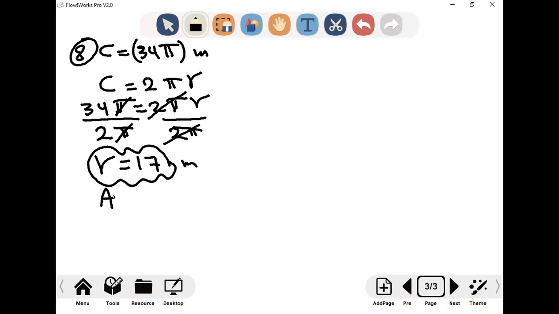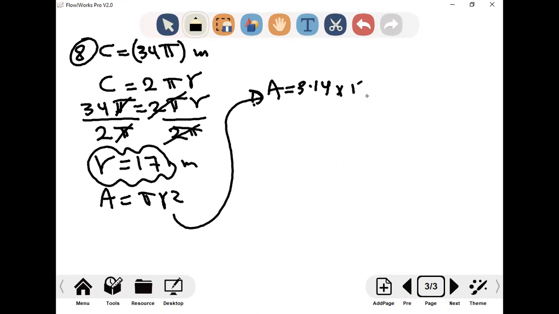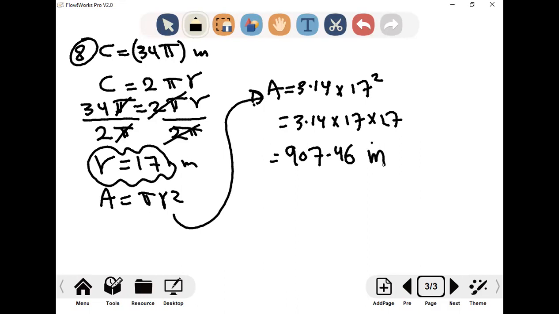So A equal pi r power 2. A equal 3.14 multiply 17 power 2. Yani 3.14 times 17 times 17, it will be 907.46. 907.46 meter squared.